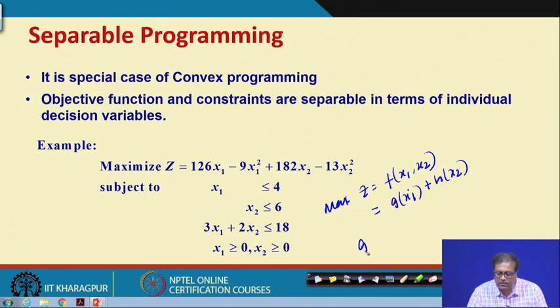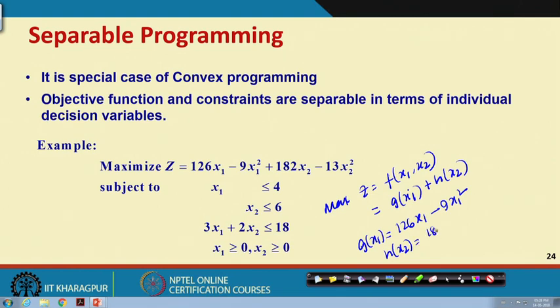So, what is g x1 here? g x1 is 126 x1 minus 9 x1 square and h x2 equals 182 x2 minus 13 x2 square, right.